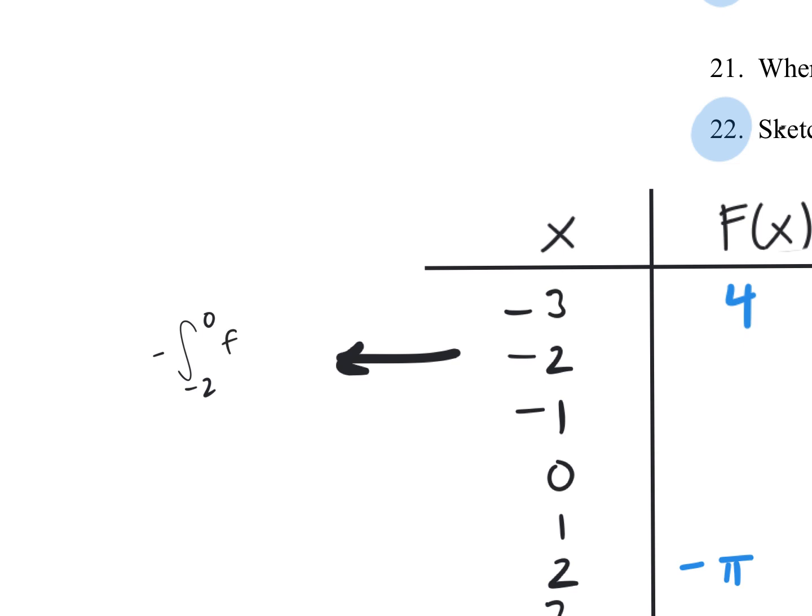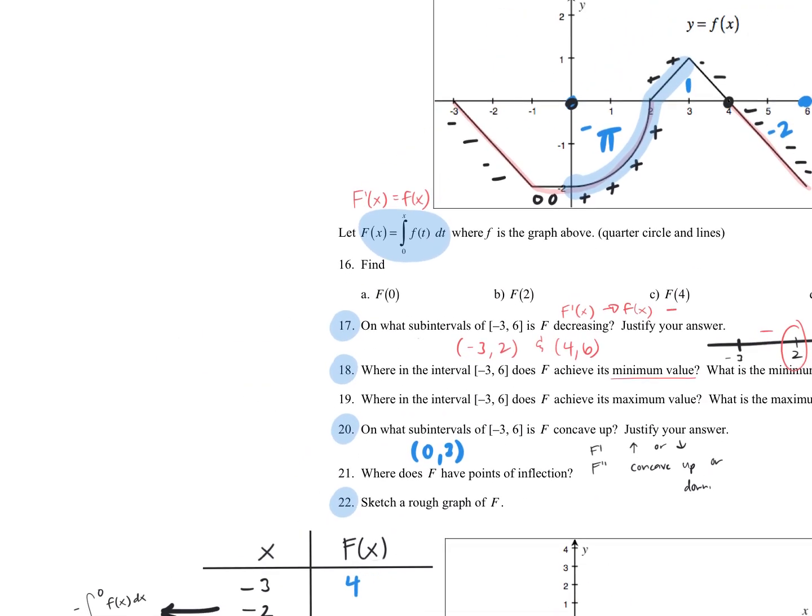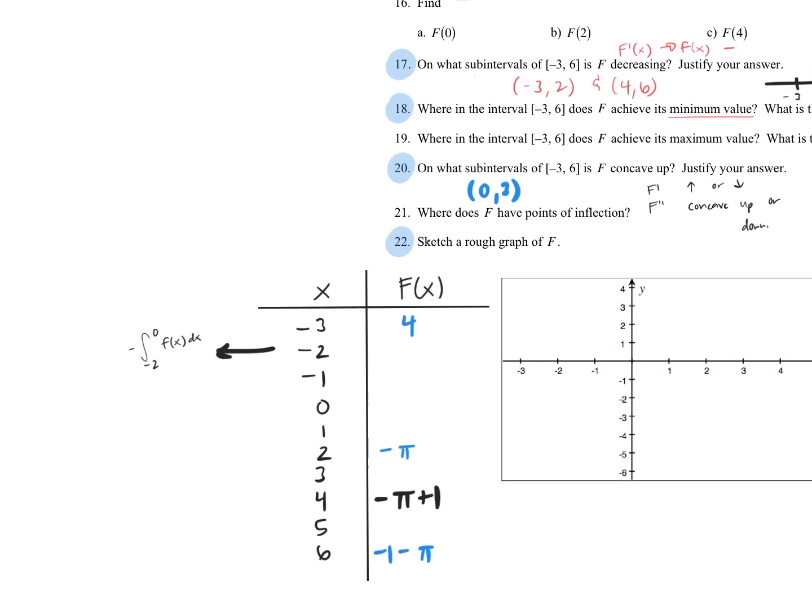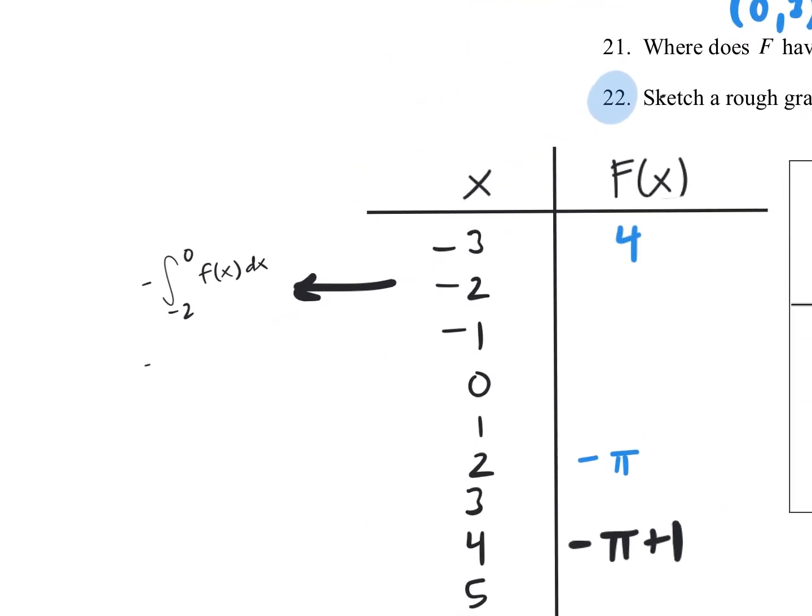That would be negative. And if I evaluate that from -2 to 0, that's going to be an area of 3/2. So it's already negative, so it's a negative 3.5, or sorry, 1.5. So that's going to give me a positive 1.5 for big F of -2.